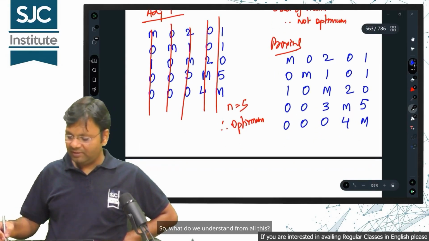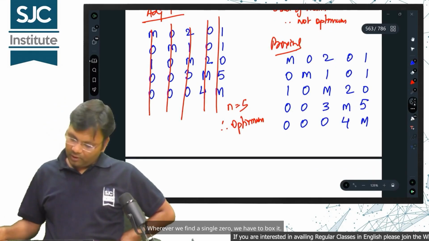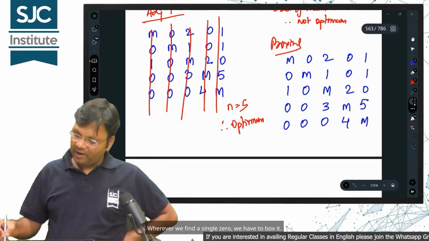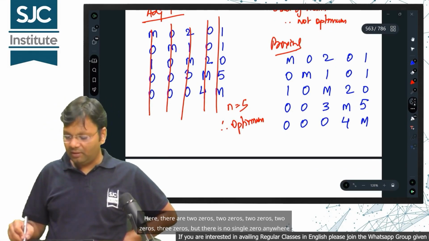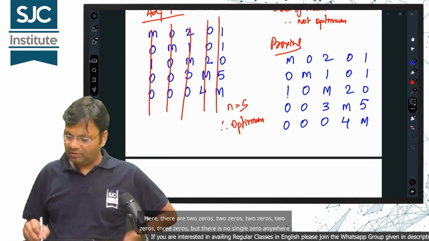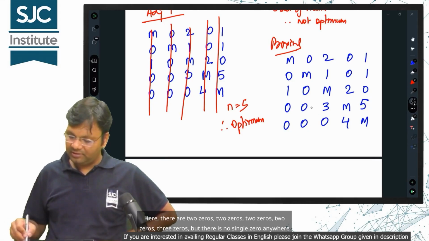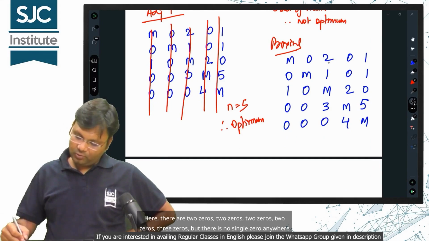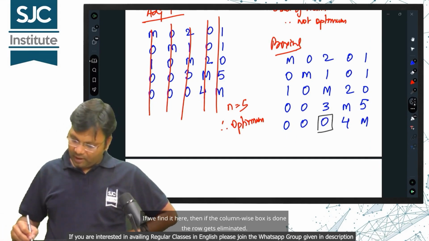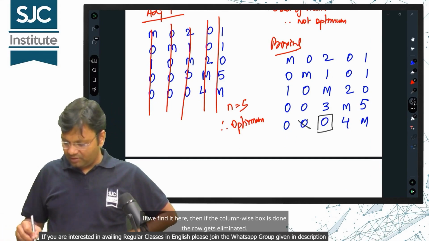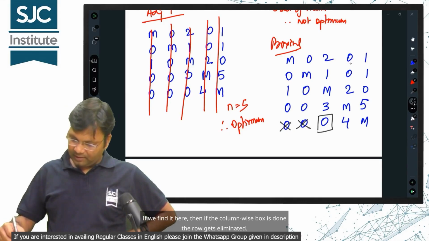So, what do we understand from all this? Wherever we find the single 0, we have to box it. Here, there are 2 zeros, 2 zeros, 2 zeros, 2 zeros, 3 zeros, but there is no single 0 anywhere. If we find it here, then if the column-wise box is done, the row gets eliminated.